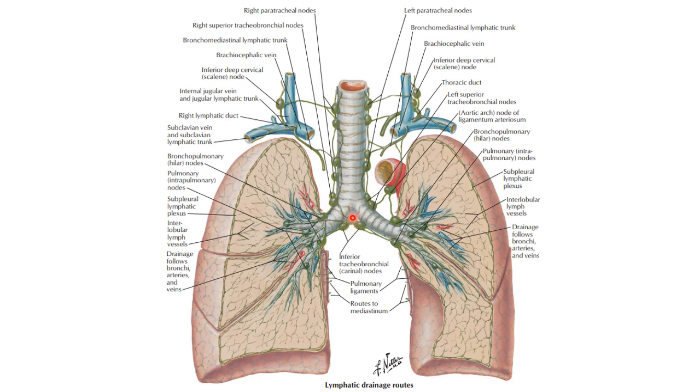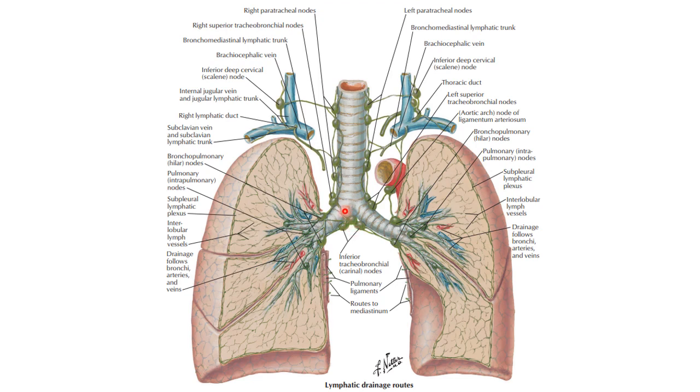So the inferior tracheobronchial nodes here are also called the carinal nodes because they are situated beneath the carina, which is the point of division of the trachea into two bronchi. So you have here the inferior tracheobronchial nodes or carinal nodes.